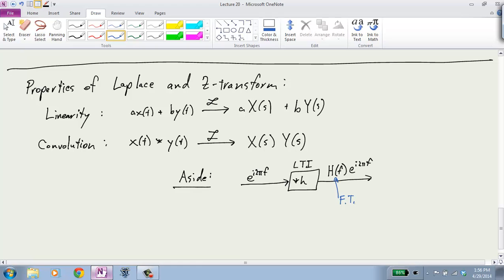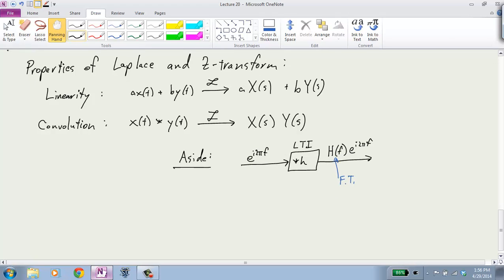And so you call this an eigenfunction because the same thing came out just with a constant multiplied by it. But it turns out that's actually true for a wider class of signals. We could also put in e to the just arbitrary. Oh, whoops, there's no t there. Should be t's.